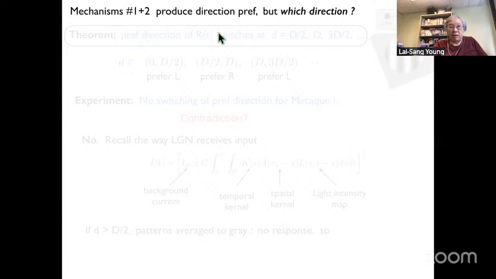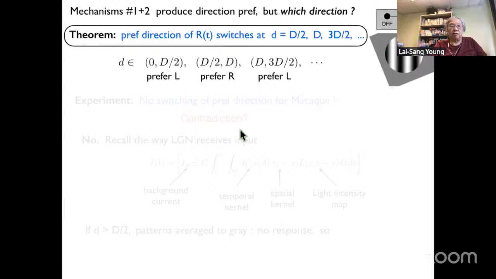So now I have to address the question of which direction it prefers. And here's another kind of high school type of theorem that you can prove, which says that if you add these two things, it really depends on the relation between this distance and the spatial period of the grating. If you work this out, you will find that it actually switches the preferred direction, where little d is the distance between the LGN cells.